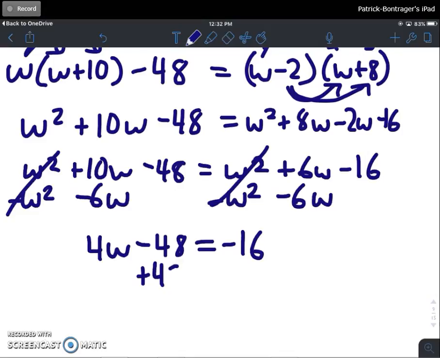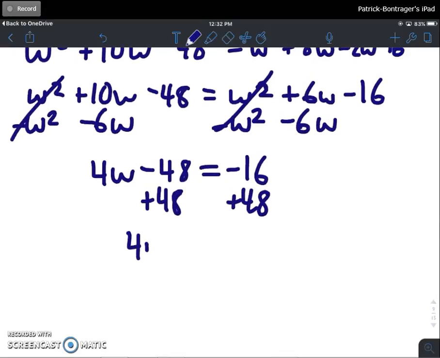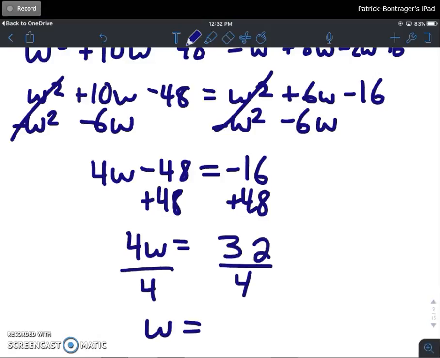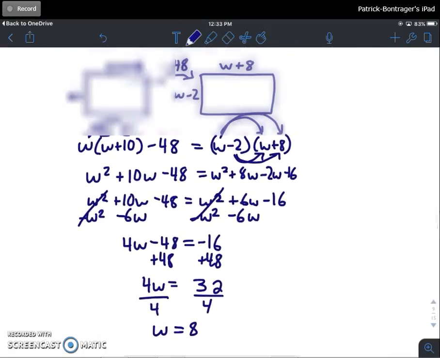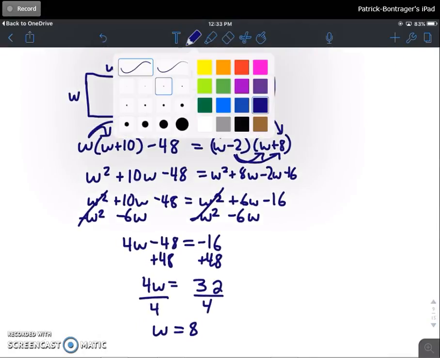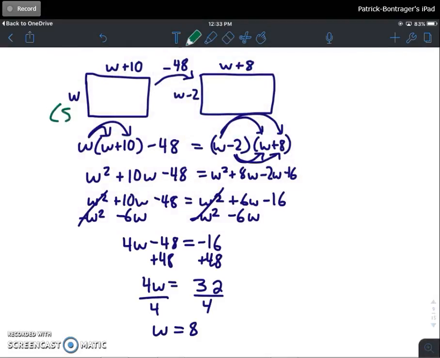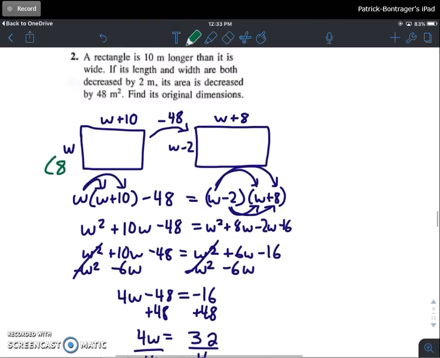I'm going to add 48 to both sides. And I get 4W equals 32, divided by 4. So I get W equal 8. Now let's go back up here and plug it in. So my width is now going to be 8, and it's 8 meters.